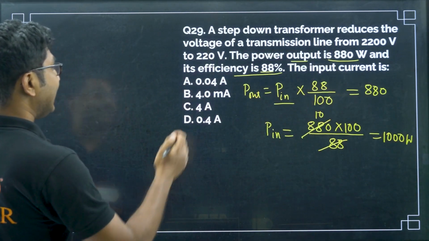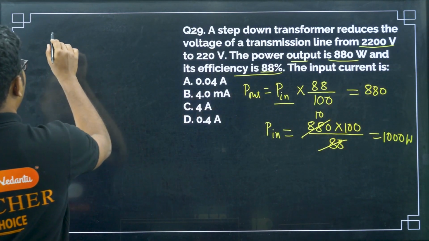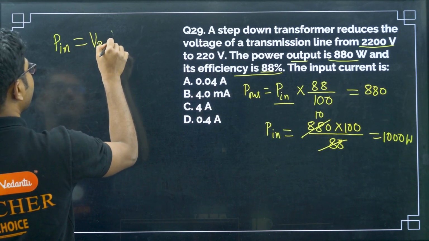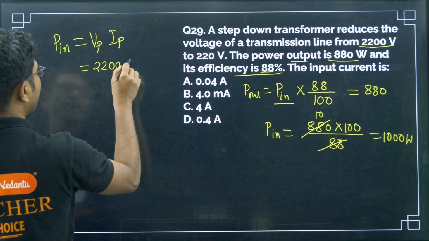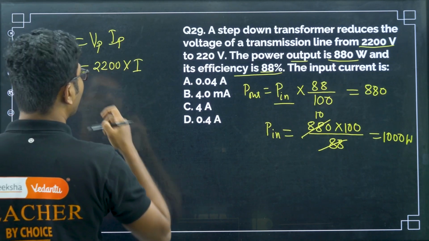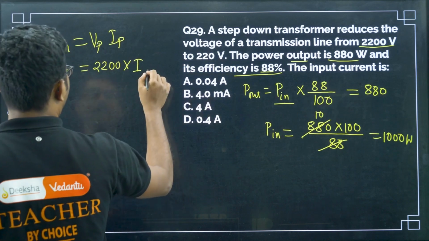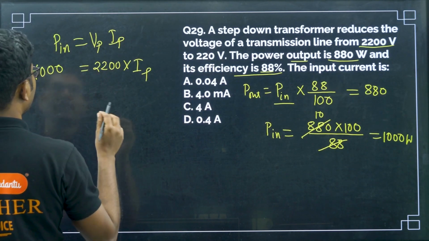Now input voltage is 2200 volt. So power input from the formula should be primary voltage into primary current. Primary voltage is 2200 and input current we do not know, we are trying to find the input current, and this equals 1000.